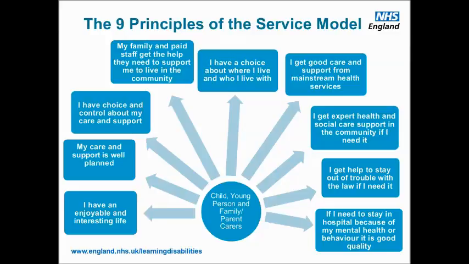And although it talks about health service, we need to include education and social care around children as well. But it's essentially about getting good support from mainstream services. When your needs are at a higher level, the expert health and social care support, and again, support from education in terms of children and young people, is there in the community when you need it.